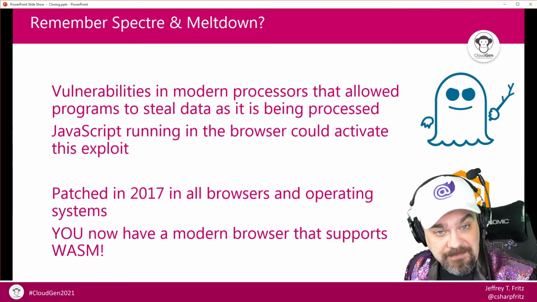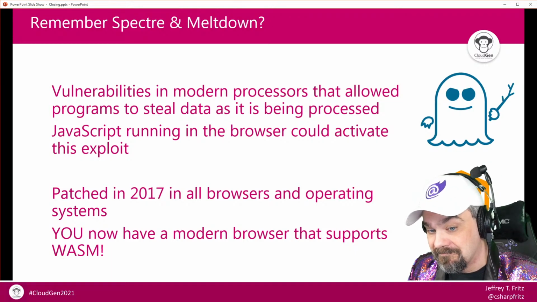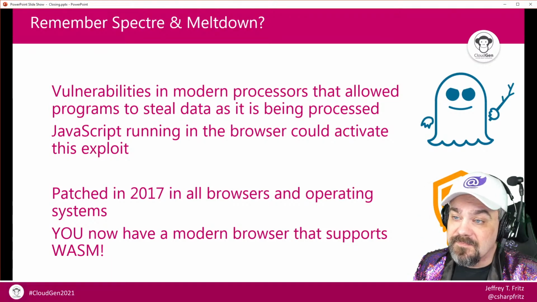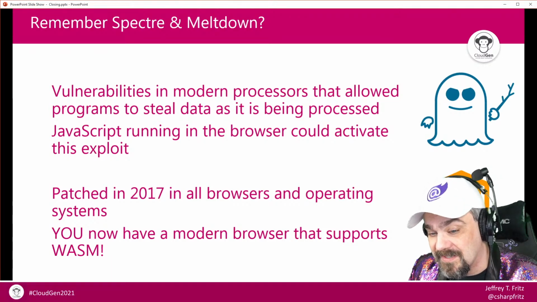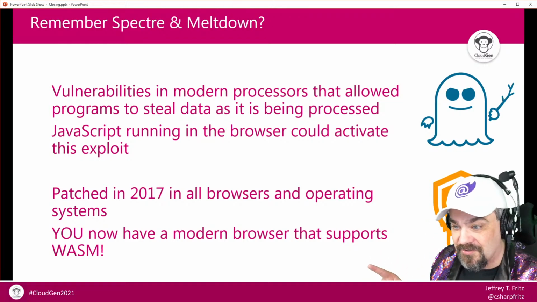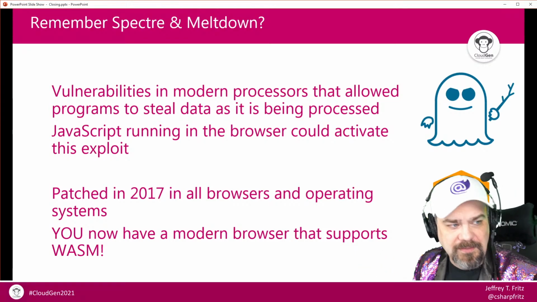So since everybody had to patch their browsers, we know that at a minimum, everybody's got a browser from 2017. And WebAssembly was made available before 2017. So we know that everybody has a browser that supports WebAssembly. That's pretty good. All right, I'm feeling good about that.